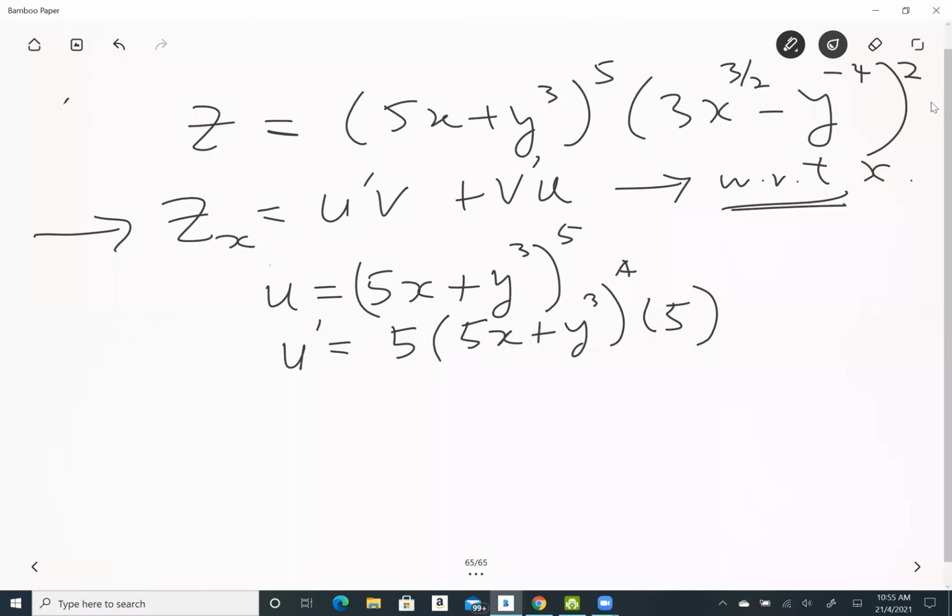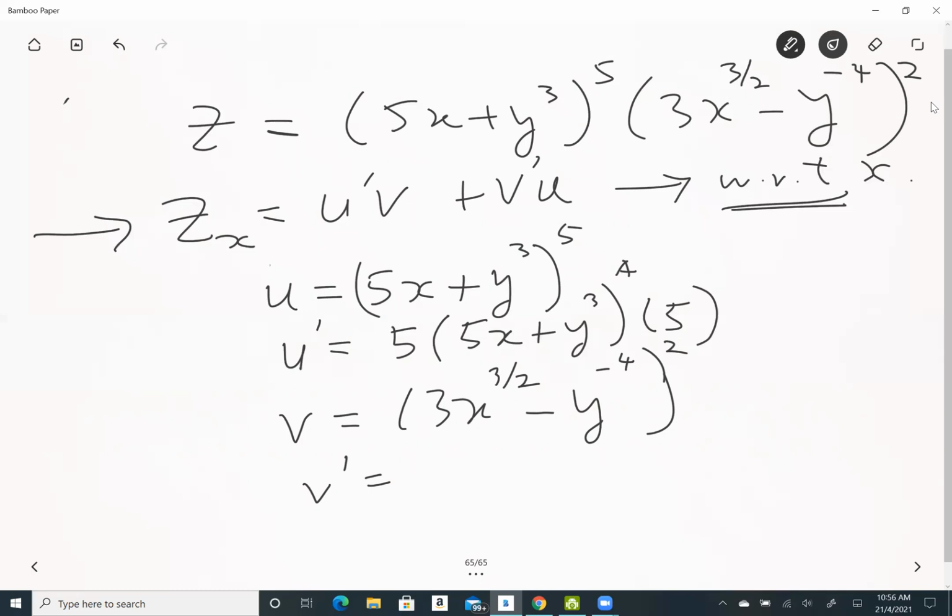Right. So look at the second term, v. I have (3x to the power of 3 over 2 minus y to the power of negative 4) squared. So when you take v prime, we take the derivative with respect to x. y is a constant.